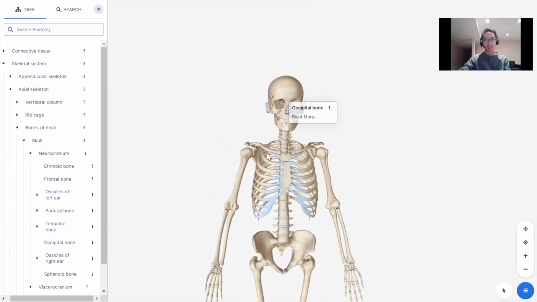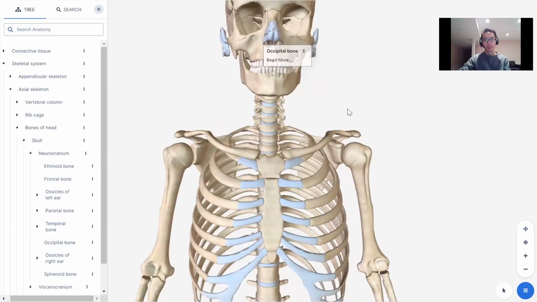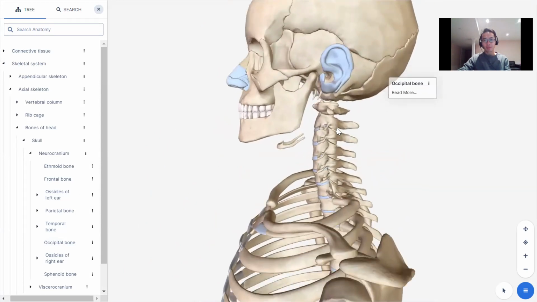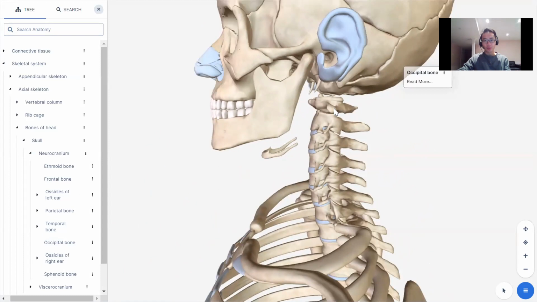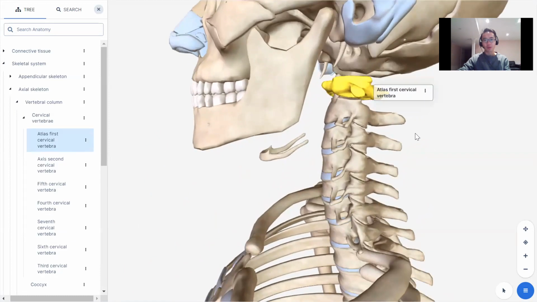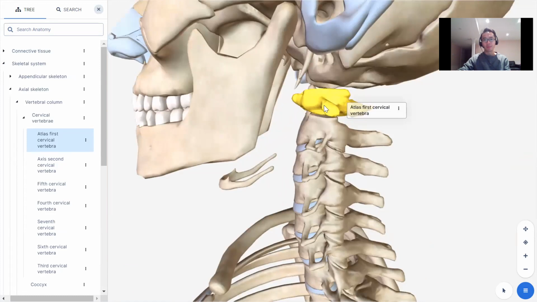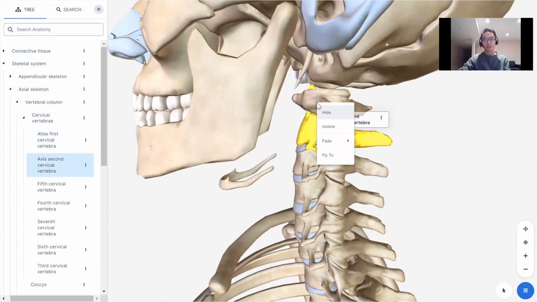Let me see if I can isolate the C1 and C2 here. It's probably not very easy to do. I don't think you can isolate two things at the same time. So there is the first one, the C1, and the C2 is right below it. Let me isolate C1 to show you first.